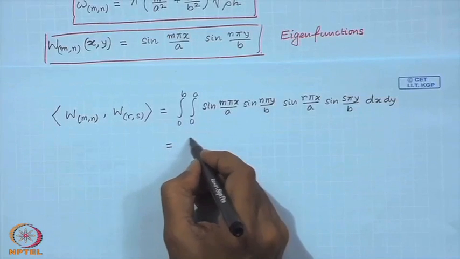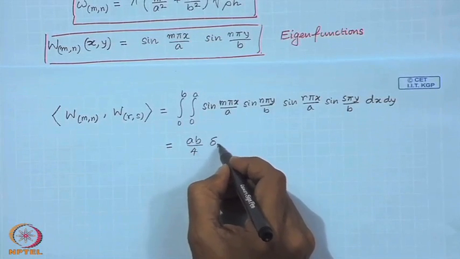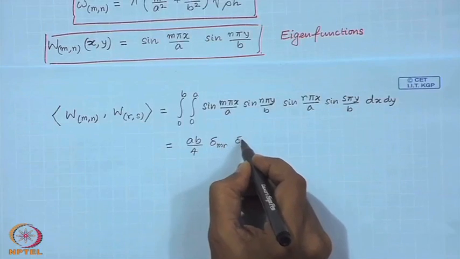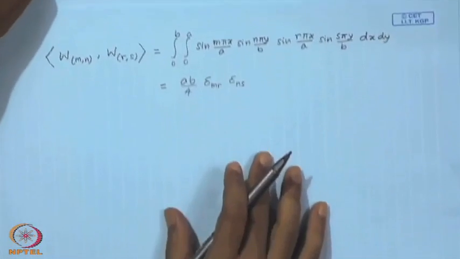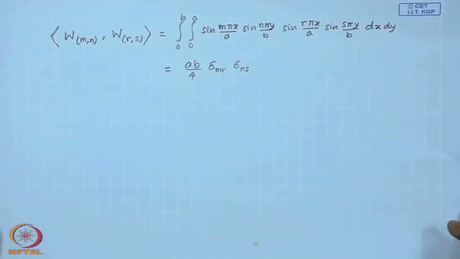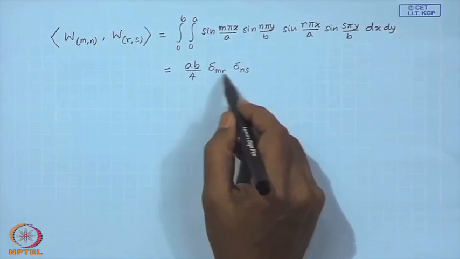So, that is A b over 4. These are the Kronecker delta functions. So, they take the value 1 when the two indices are equal.